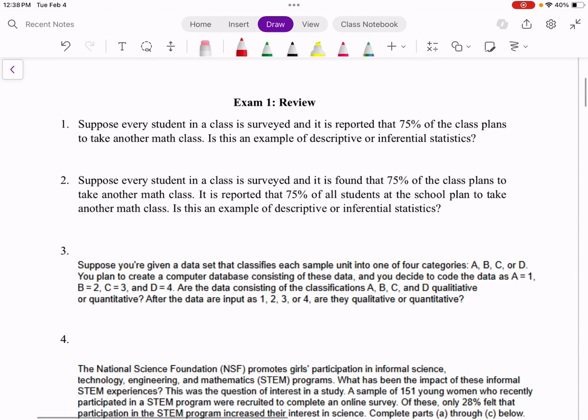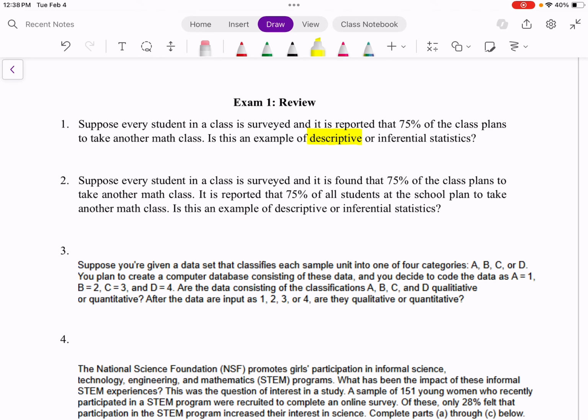In number 1, suppose every student in a class is surveyed and it is reported that 75% of the class plans to take another math class. Is this an example of descriptive or inferential statistics? Descriptive statistics describes the data set.